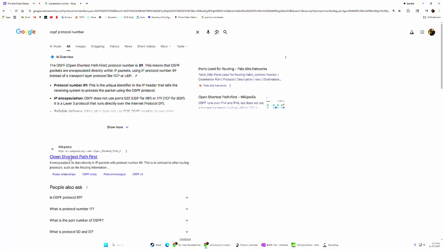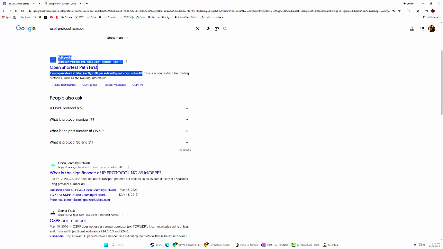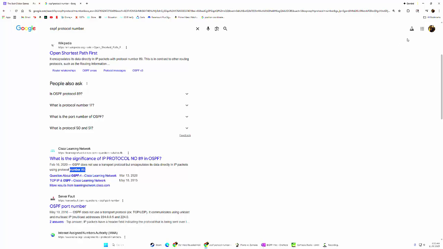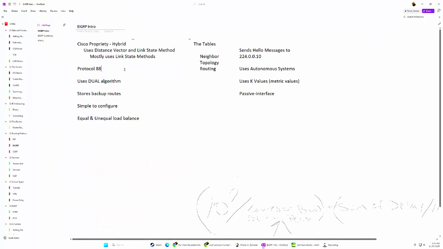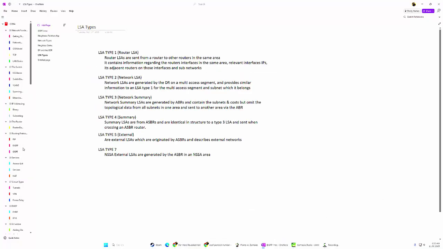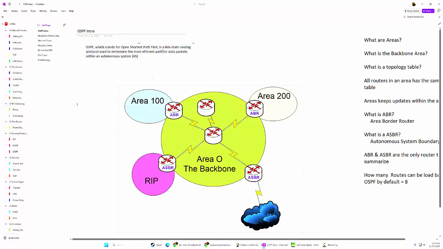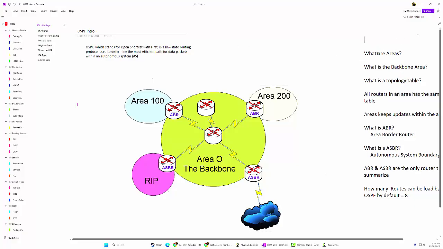Okay, and obviously re-verifying it down here, and again down here. So we got confirmation. Let's go ahead and copy this, and let's go down here to OSPF and put that up here.